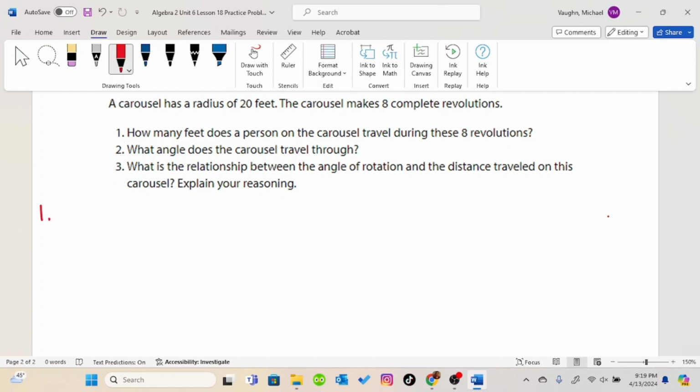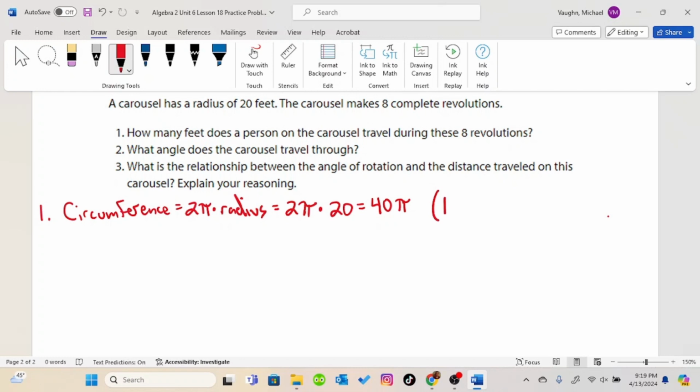So for number 1, the circumference equals 2 pi times the radius. So that's 2 pi times 20 feet equals 40 pi.